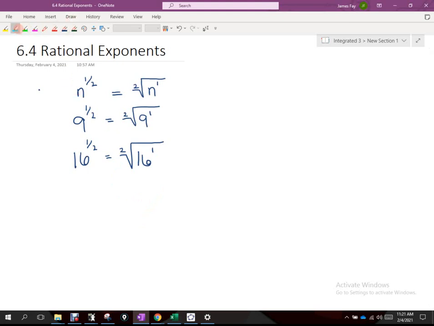What I want to demonstrate is that this denominator of 2 in my exponent matches to that index on my radical. This 2 matches to that index, and this 1 matches to the exponent right there.